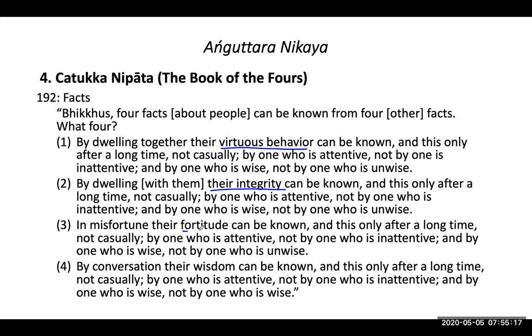The fortitude can be known also only after a long time, by one who is attentive and wise. And their wisdom can be known in the conversation, also the same way, by the wise person only after a long time.